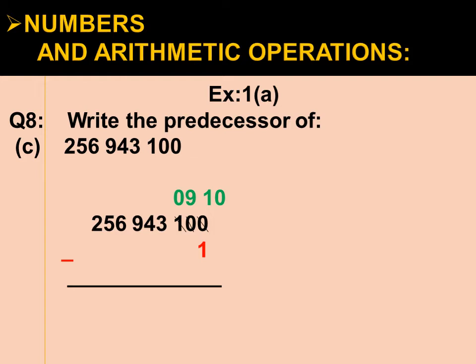When we borrow from 100 at 10th, we will have a digit 10, and after borrowing from 10th place, we will get digit 9 at 10th place, and the digit at 1's place will become 10. Now at this stage, it is very easy to subtract 1 from 10. After subtraction, we will get this answer, which is the predecessor of our given number.